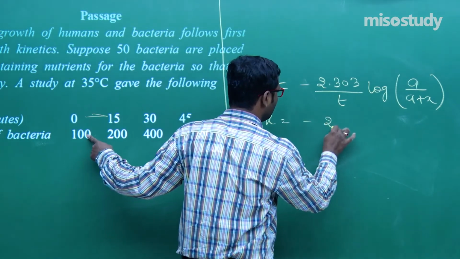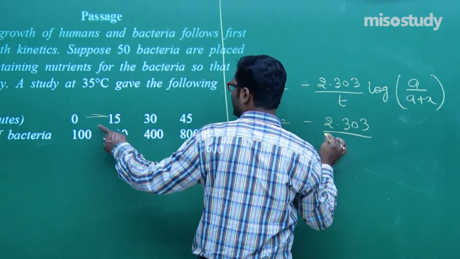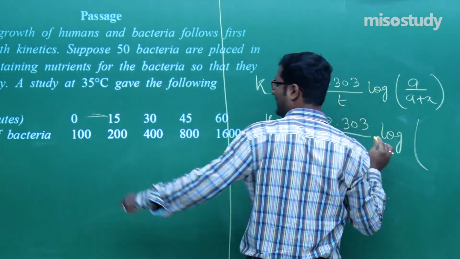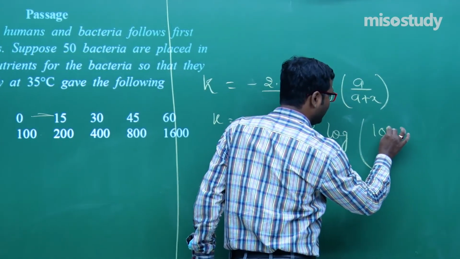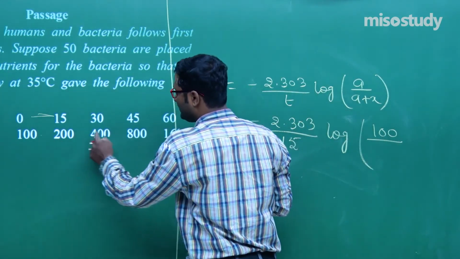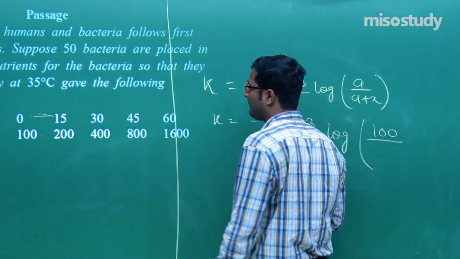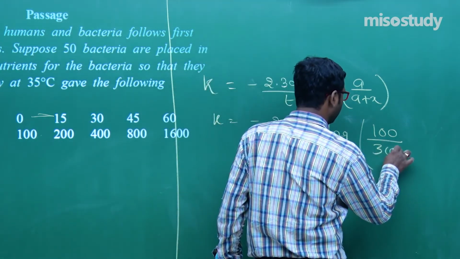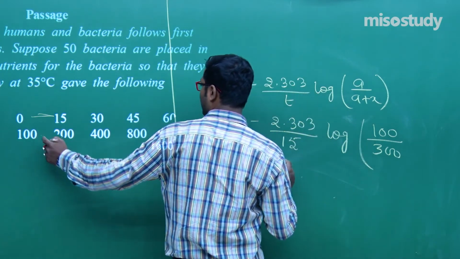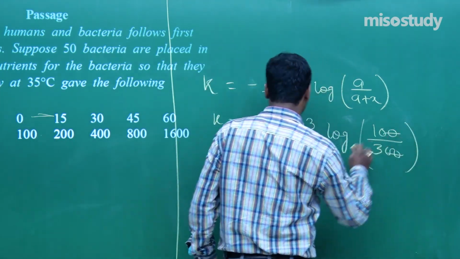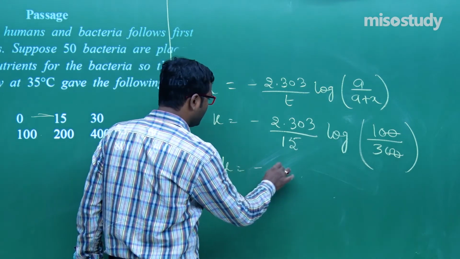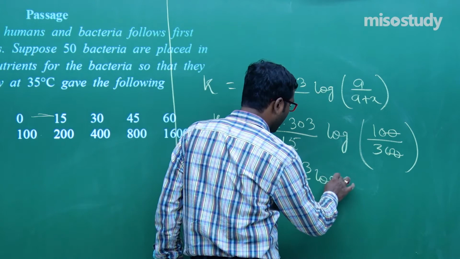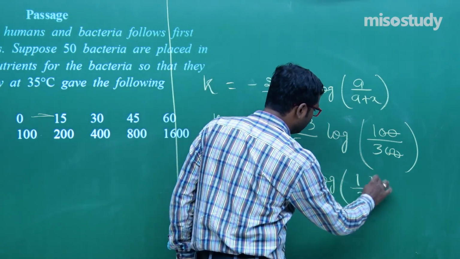Put minus 2.303 upon T, with 0 to 15 giving 15, and log A upon A plus X, where A is 100 and A plus X is 100 plus 200, that is 300. Now the expression is k is equal to minus 2.303 upon 15 log 1 upon 3.